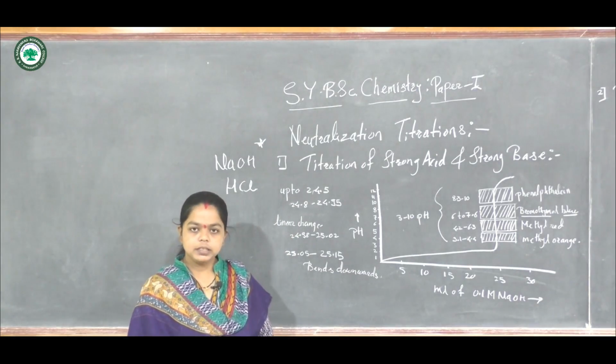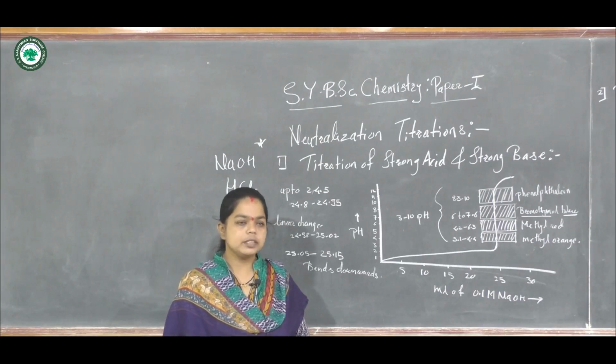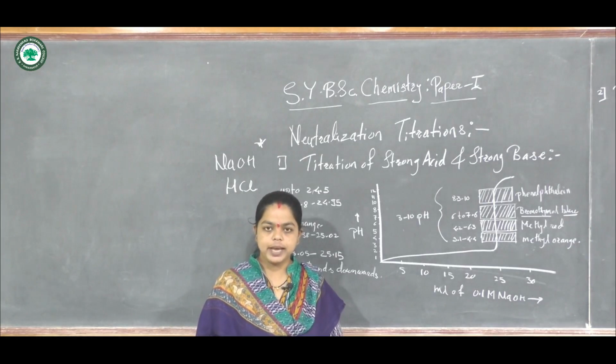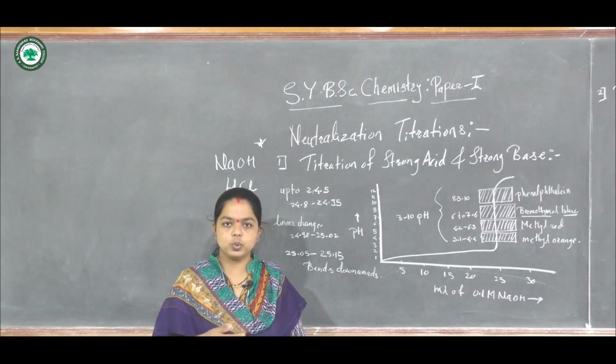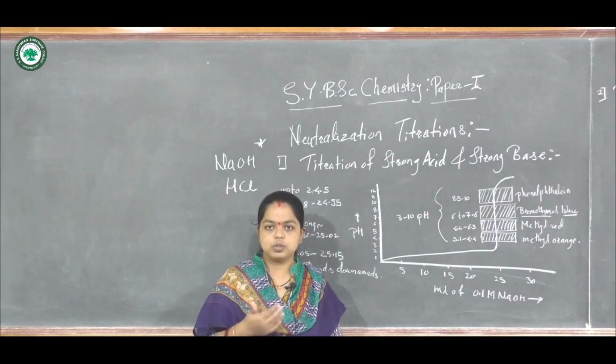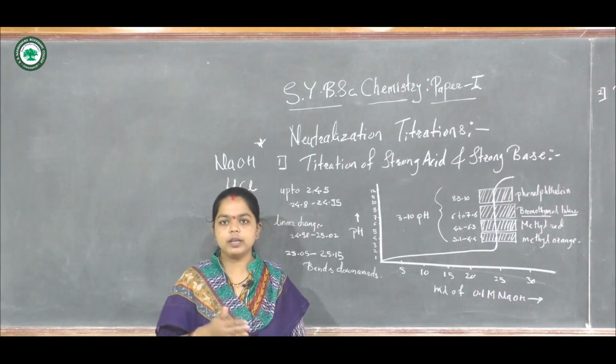When we add NaOH dropwise, a neutralization reaction takes place between the acid and base. The acid gets neutralized slowly and the pH rises slowly, starting from the value 1.